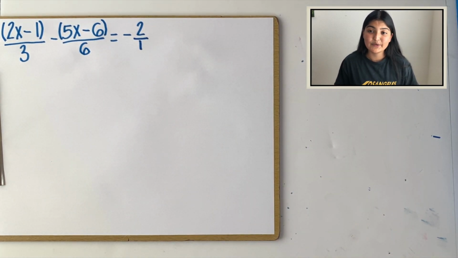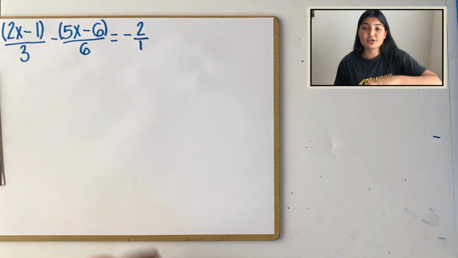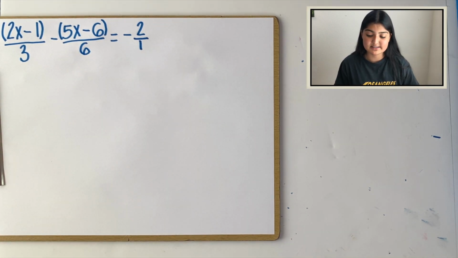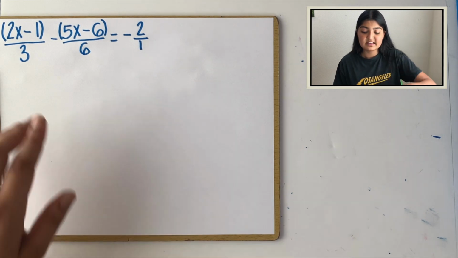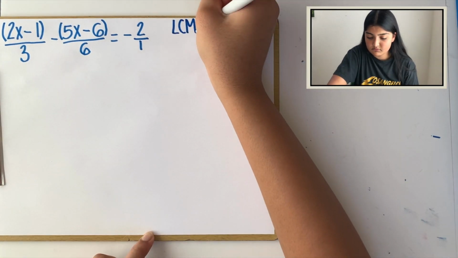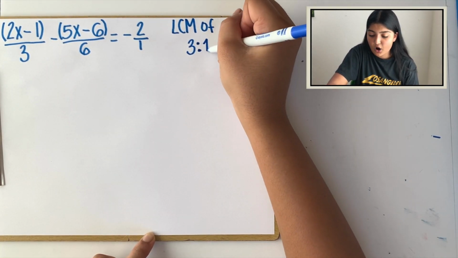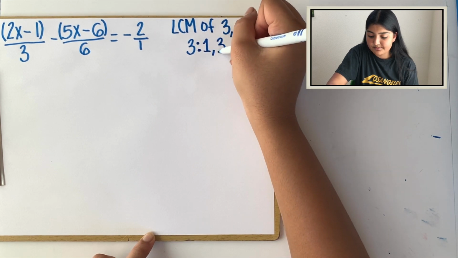Now, we need to find the LCM of the denominators in order to get rid of these fractions. So let's find the LCM of 3, 6, and 1. The factors of 3 are 1 and 3.